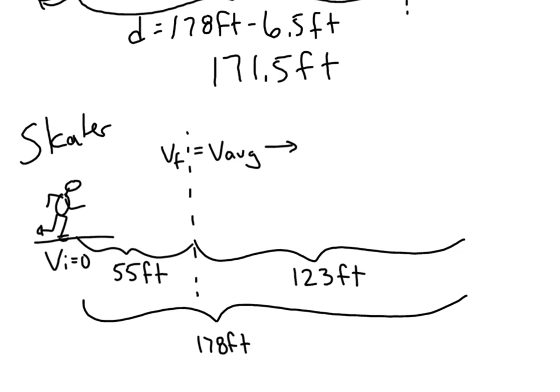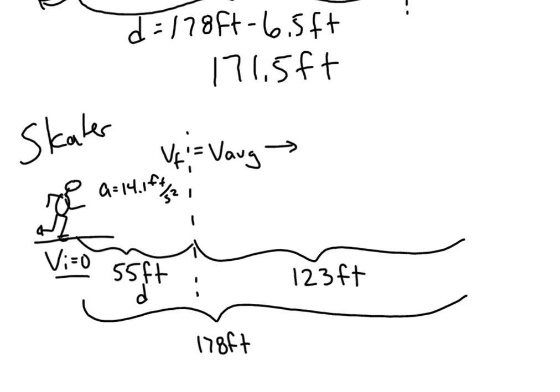Now we know one more thing as he's skating, and that is his acceleration at the start. That acceleration is 14.1 feet per second. What that means is that during that interval, we have got 3 chunks of information. We've got how far he travels, 55 feet. We've got the initial velocity, 0, and we've got the acceleration, 14.1 feet per second.